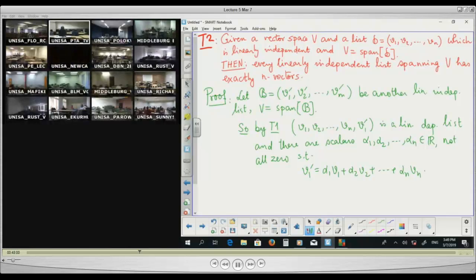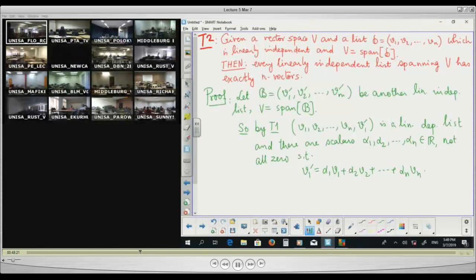When you say so by T1, are you concluding from that list on top now? Yes. The first one, V1, V2, Vn, is the initial list that has been given to us, which spans the vector space V.